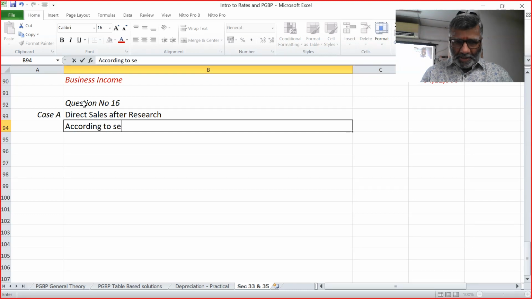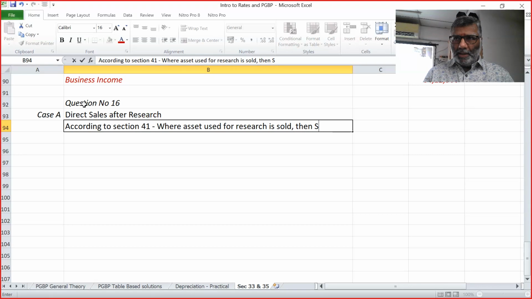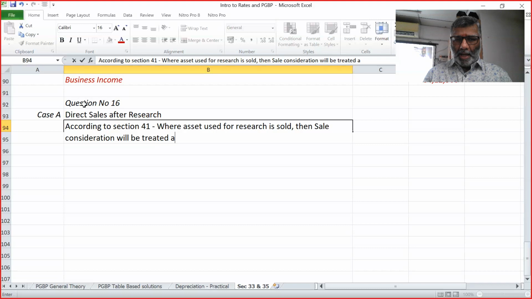According to section 41, where an asset used for research is sold, then the sale consideration will be treated as deemed business income.